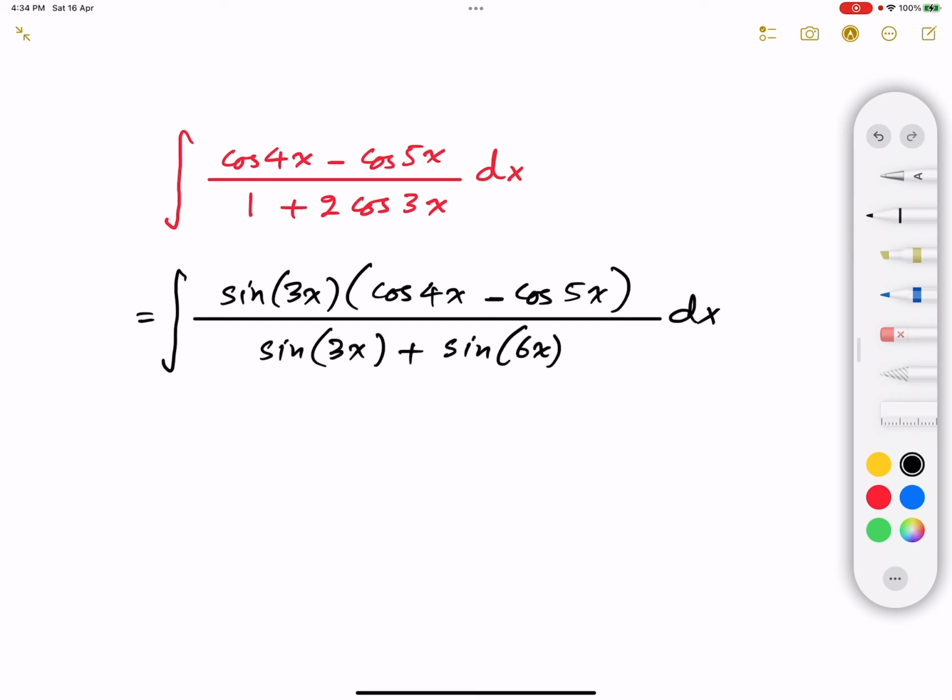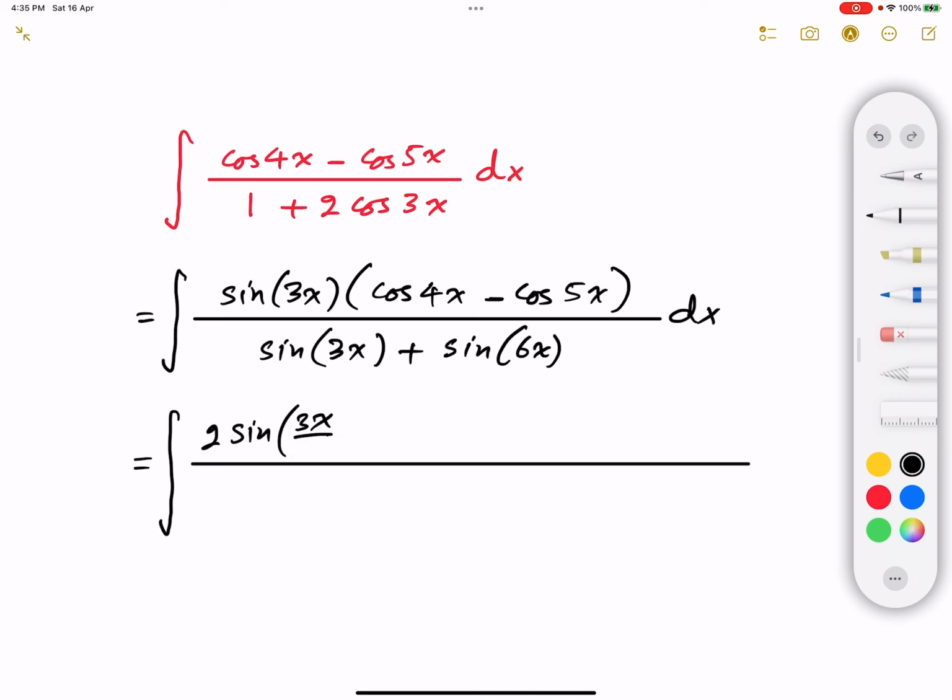So this is going to be equal to, sine 3x rewritten as twice sine 3x divided by 2 times cosine 3x divided by 2. For the difference of the two cosines in the numerator, that is going to be equal to minus 2, so this 2 here would become minus 4.